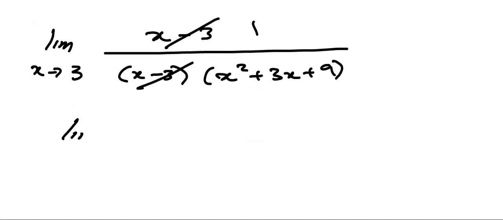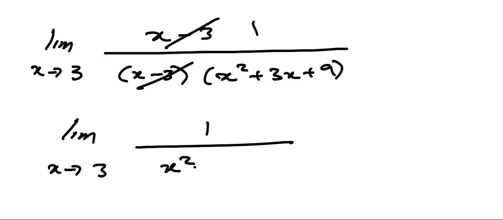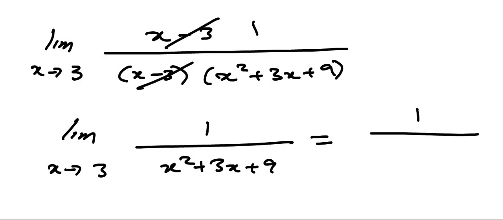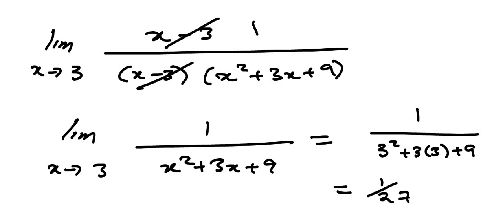And this is going to be the limit as x approaches 3 of 1 over x squared plus 3x then plus 9. When you reach this point, there is nothing wrong with replacing where there's x with a 3, because the function will accommodate it; the bottom part is a quadratic which accommodates everything. So put 3 there, that will be 3 squared plus 3 and a 3, then plus a 9. This will just give you 1 over 27. Right here you get your limit as you approach 3.